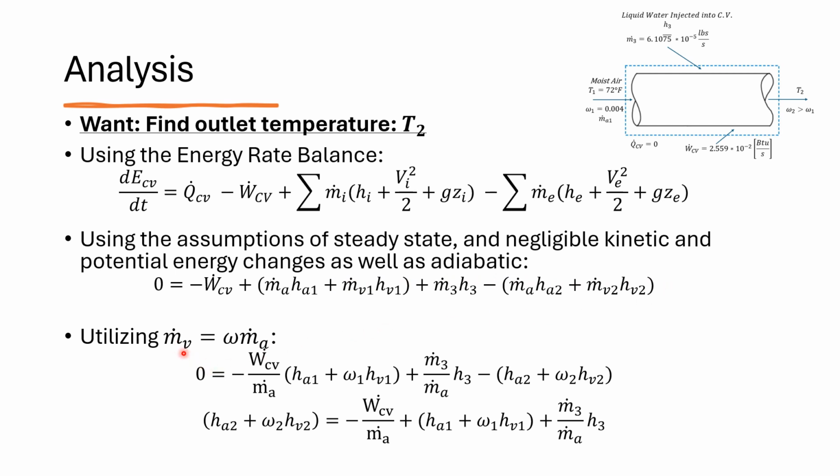Utilizing the mass flow rate of the water from the previous slide, we put that into this equation. We simplify things and isolate the specific enthalpy on this side, which results in this equation that we will be using in the next few slides.